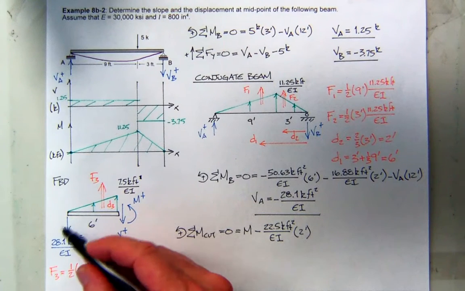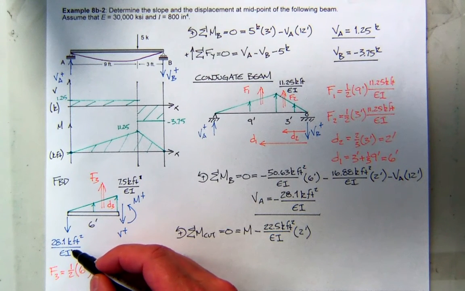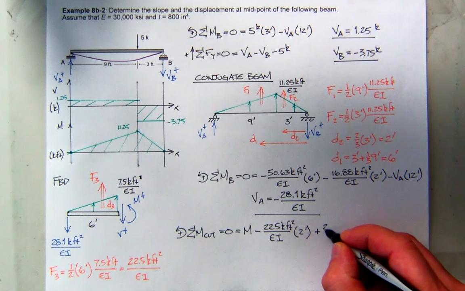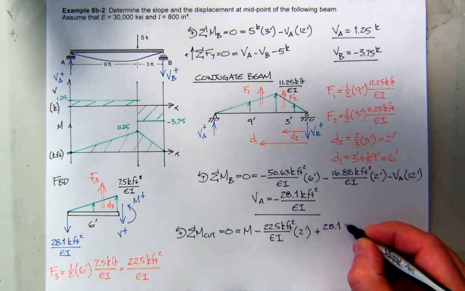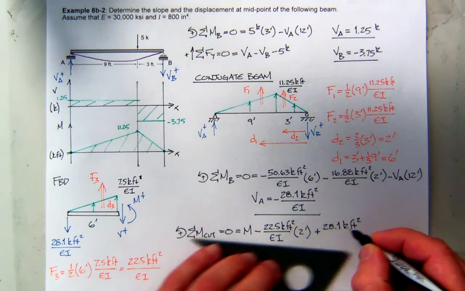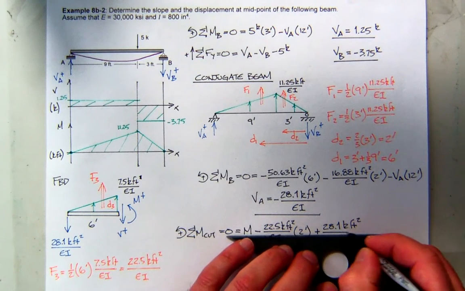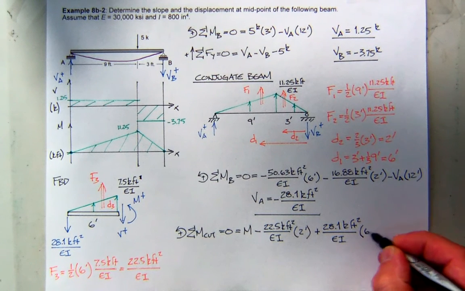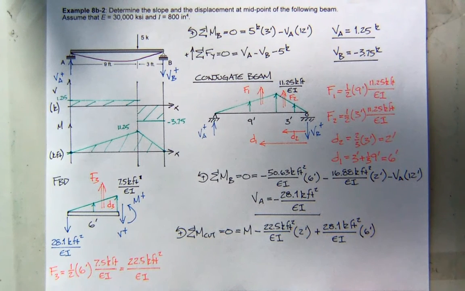And then I have my reaction force out here, which is creating positive moment. And that's 28.1 kip feet squared over EI. And that has a moment arm of 6. So it looks like the moment is going to be negative.